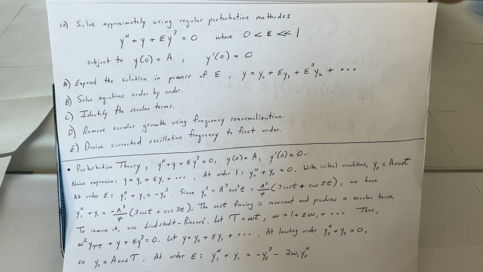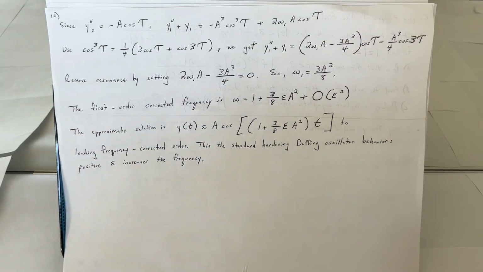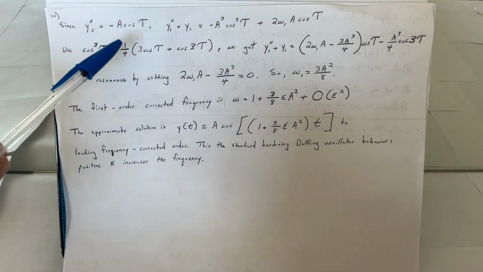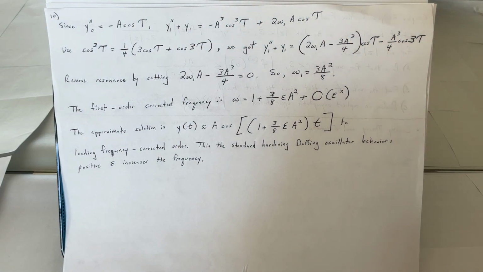Moving along, since y naught double prime equals negative a cosine tau, y sub 1 double prime plus y sub 1 equals negative a cubed cosine cubed tau plus 2 omega sub 1 a cosine tau.